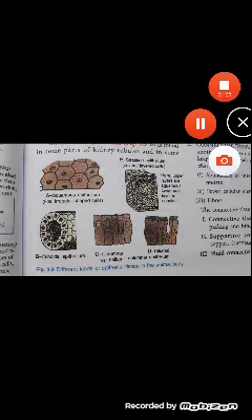The first one is epithelial tissue, the second is connective tissue, third is muscular tissue, and fourth, nervous tissue. So these are the four types of animal tissues. Now, let us first start explaining about epithelial tissue.